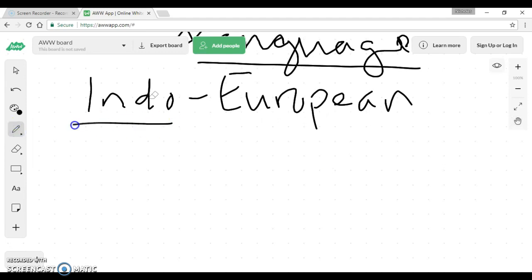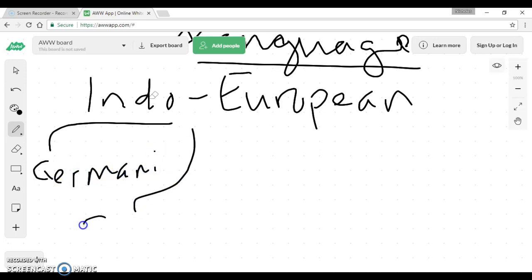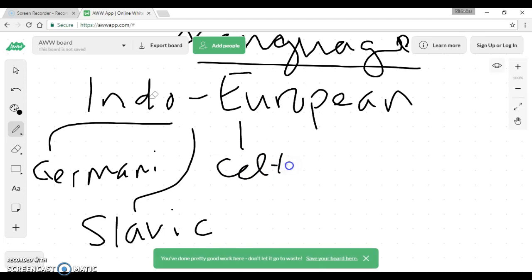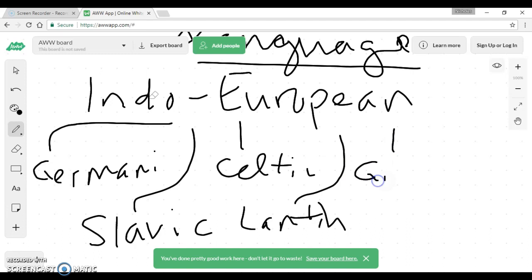So first we have the Germanic. We've got the Balto-Slavic. We have the Celtic. We have the Latin and Romance. And then we have Greek, and then of course we have the Indo-Iranian.